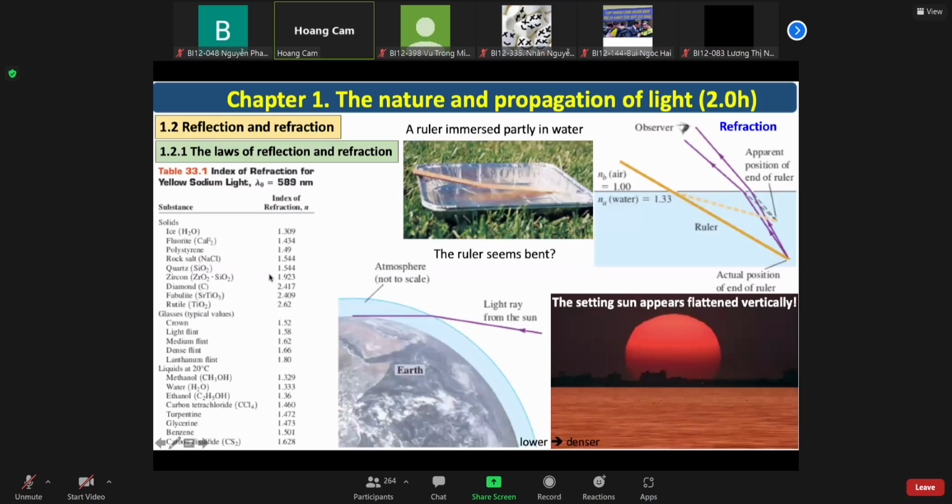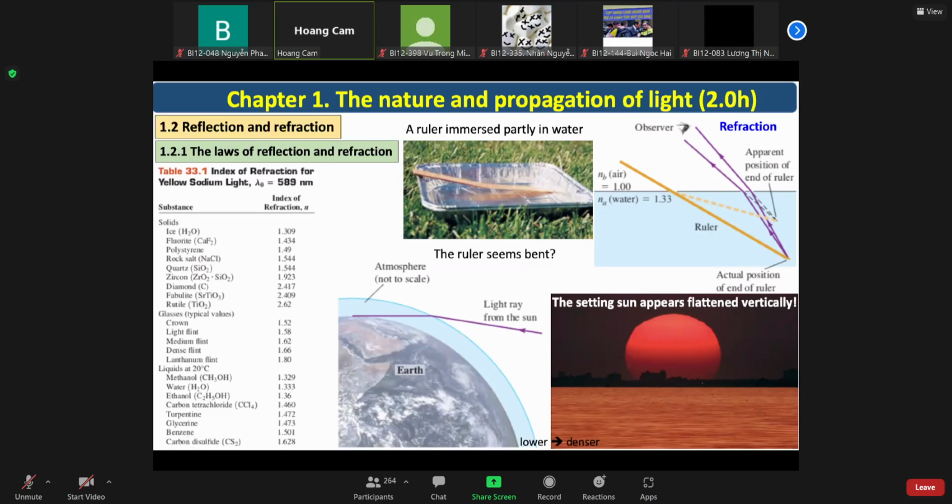Shown in this table are the refractive indices, or indices of refraction, of different substances. You see some solids, some glasses, some liquids. Solids like ice, diamond, rock salt, or the glasses we have here in this list.